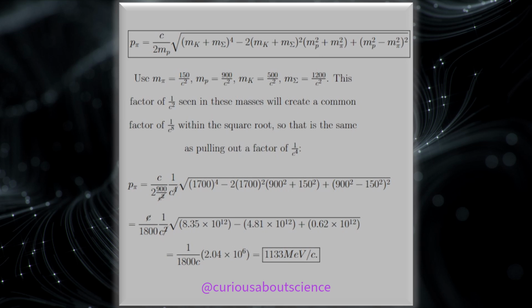So I said nope, and I used Mathematica and a couple other shorthand tricks to tidy this up. That being said, once we do all that, we get that the momentum for this pion is equal to 1133 mega electron volts per c.